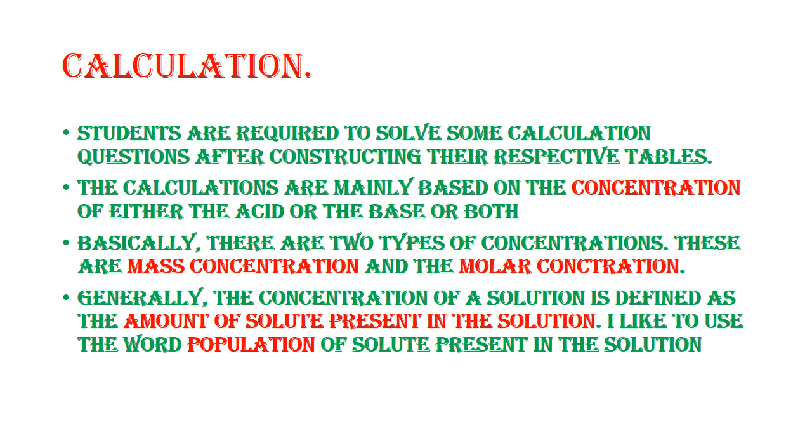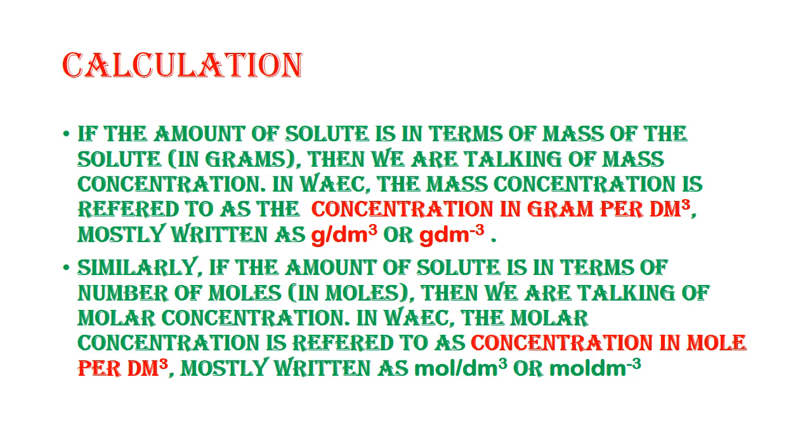Generally the concentration of a solution is defined as the amount of solute present in the solution. I like to use the word population, like I said, of solutes present in the solution. I told you we have two types of concentration: the mass concentration and the molar concentration.